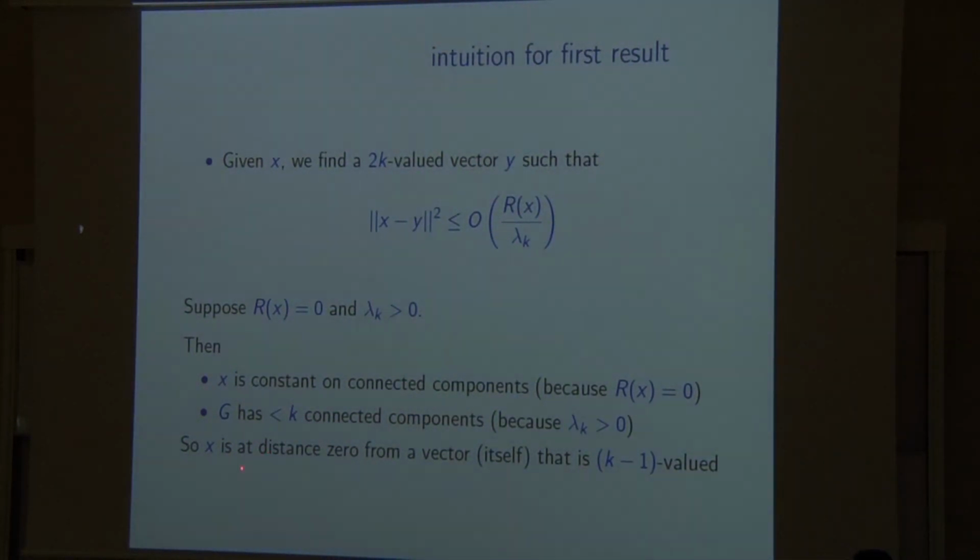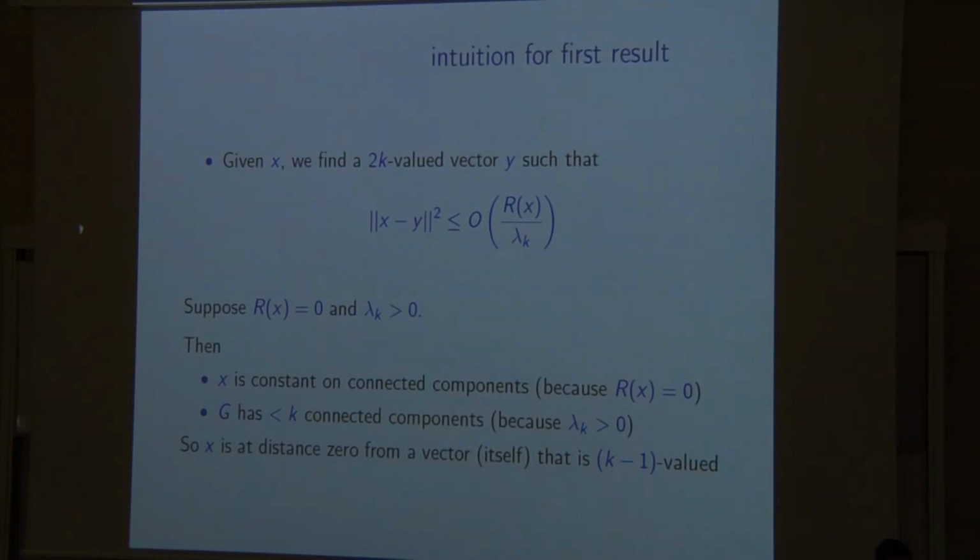And so that means that the vector x itself, if it's constant on connected components and there are only k minus 1 of them, has entries ranging over no more than k minus 1 distinct values. So in this case, x is at distance 0 from a vector y that has fewer than 2k distinct values in the entries. So this is a simple observation, and our result is sort of a robust version of this.